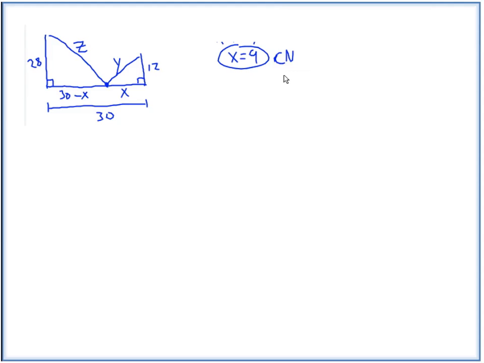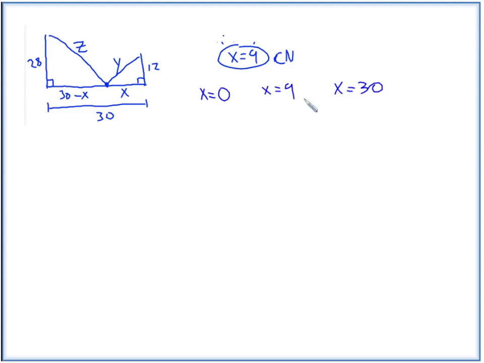Now our critical number was 9 here, and we're going to use a little bit of logic to help us out so that we don't have to do too much work here. So what we can think of is we could let all of the wire go all the way over here, and that would mean that x would equal 0 in this case. Or we could let all the wire go here and let x equal 30. So we see that x could equal 0, x could equal 9, or x could equal 30.